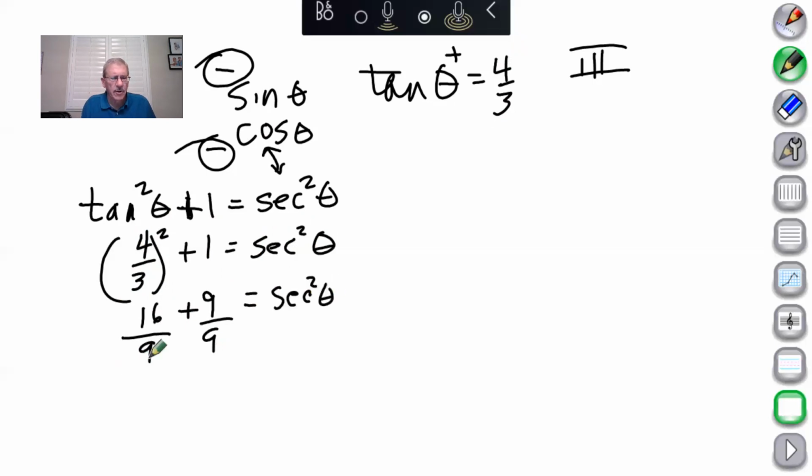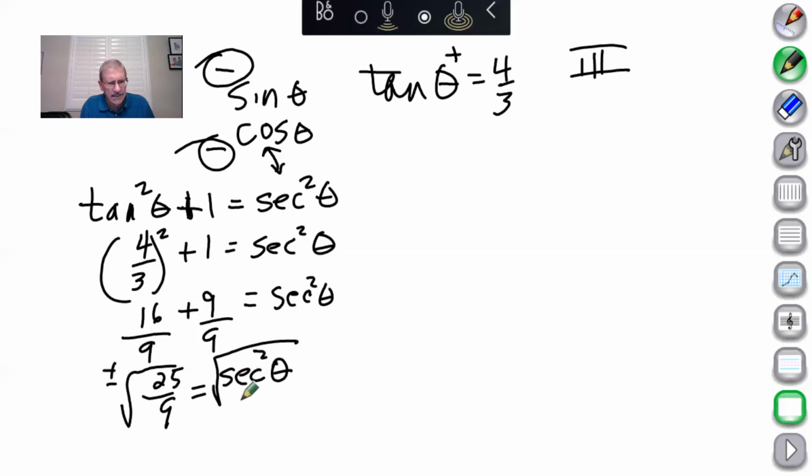And then we're going to add it up: 25/9 equals secant squared theta. But now I want to know what secant is, so I'm going to take the square root of both sides, and we know it's plus or minus, but we're going to use the minus value. So secant theta equals negative 5/3.